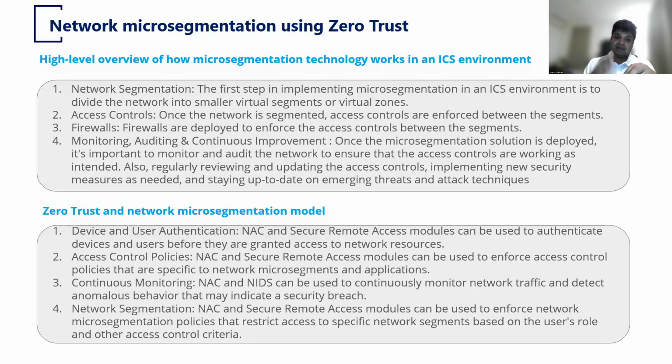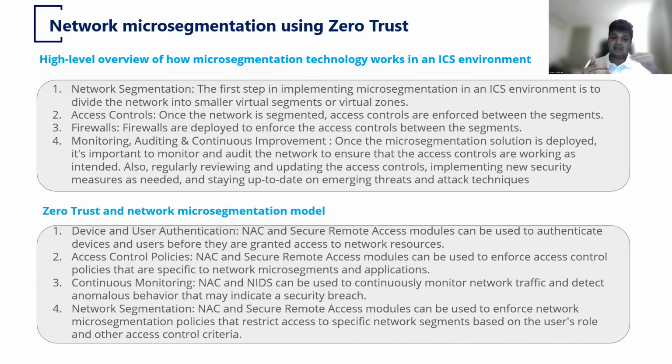So you can define what specific users can access these microsegments, and what type of communication can happen. You can even define the file size for file transfer, file type limits, and protocols which can be whitelisted, and you can analyze the protocol as and when communication is happening using continuous monitoring.